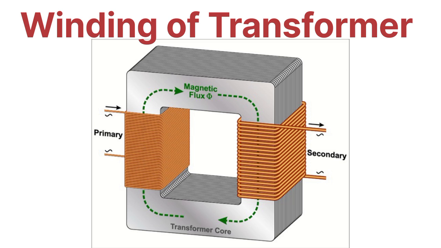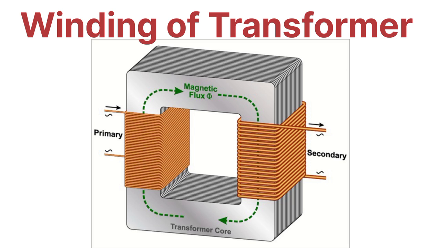You can remember this one. What is the work of a primary winding? The primary winding is the coil that draws the power from the source. And what is the work of a secondary winding? The secondary winding is also a coil that delivers the power to the load at the output.